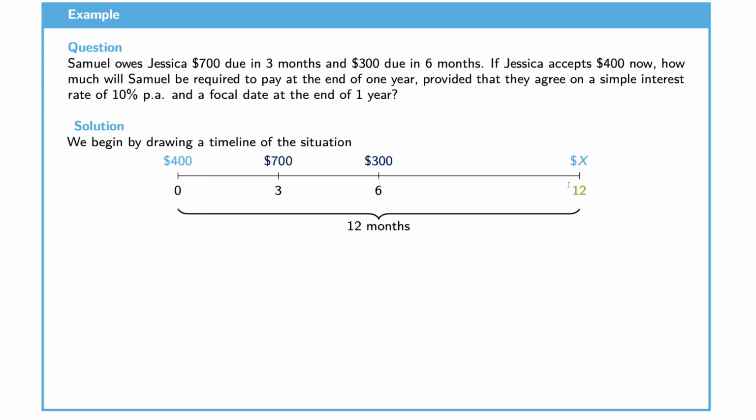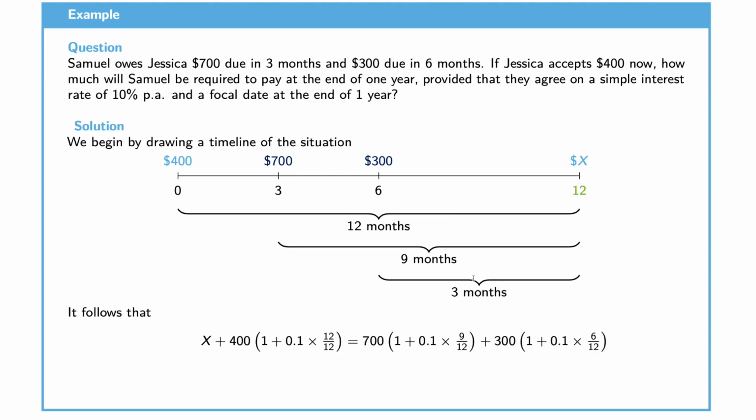So the first thing to note in this example is that the $400 that gets paid now is 12 months in the past of the focal date of 12. The $700 is 9 months in the past of the focal date. The $300 is 6 months in the past of the focal date, not 3.